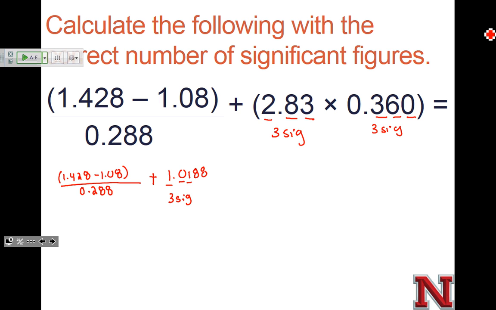The next thing I'm going to do is those other parentheses, the subtraction in the next portion. So when I subtract my 1.428 minus 1.08, I'm going to get 0.348.